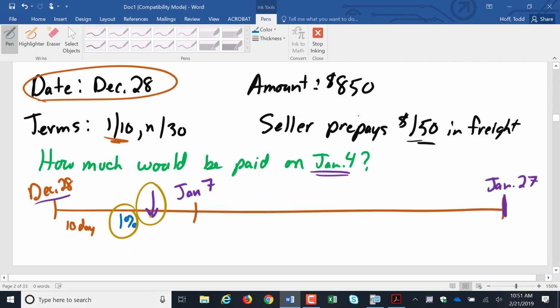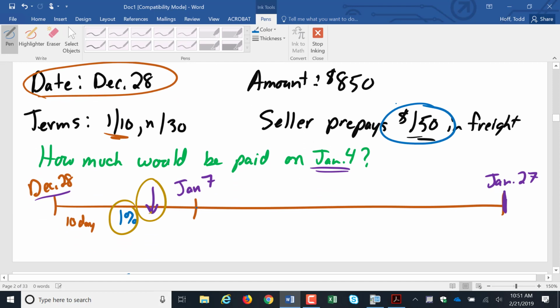You cannot do that. That freight is an actual expense. It's not part of the invoice, so it's not subject to that discount. That is an expense that's being reimbursed. The buyer has to pay the full $150 freight. The discount only applies to the invoiced amount.